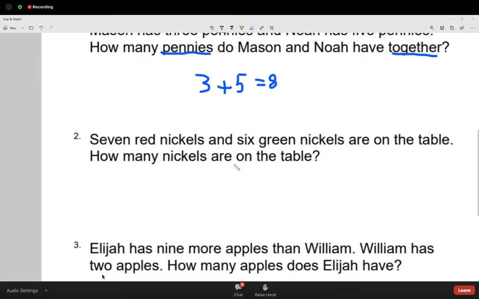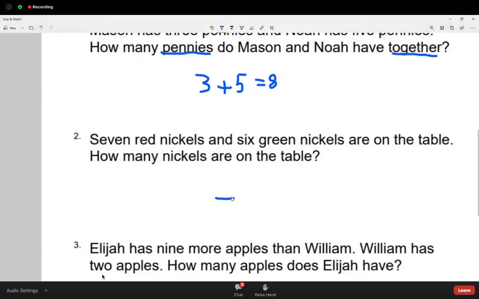So how many nickels are on the table? That's the question it's asking us. So does this sound like it's addition or does it sound like it's subtraction? Sounds like it's subtraction. Well, what are we taking away? Are we taking away or are we adding everything together? We're adding. Yeah, because we're adding them together.